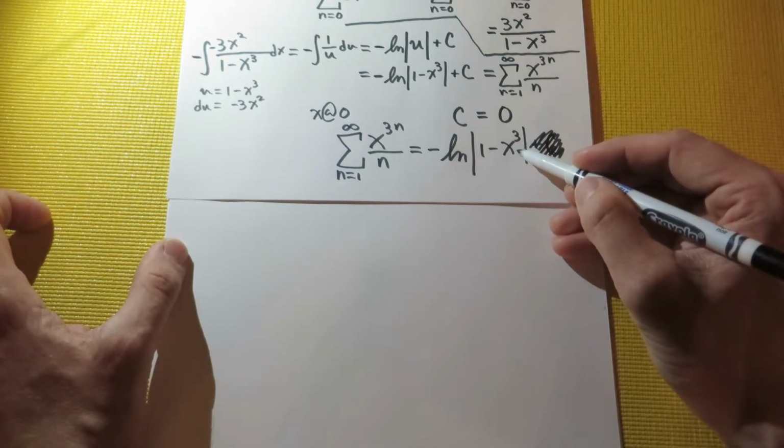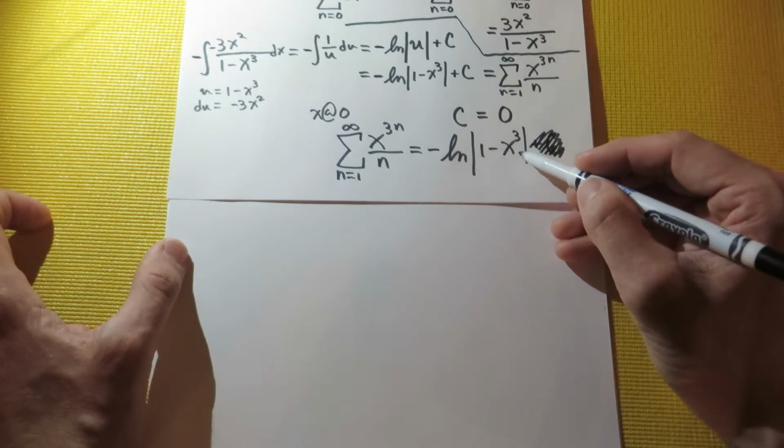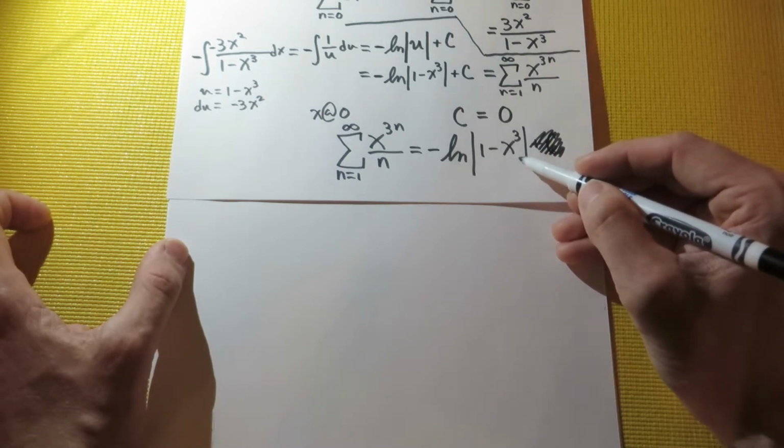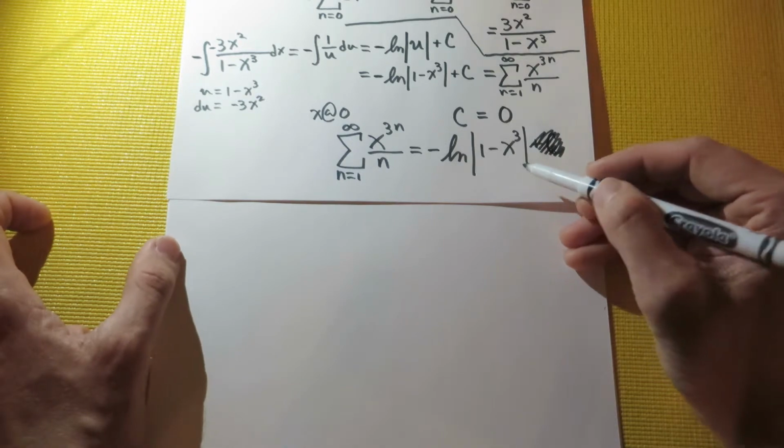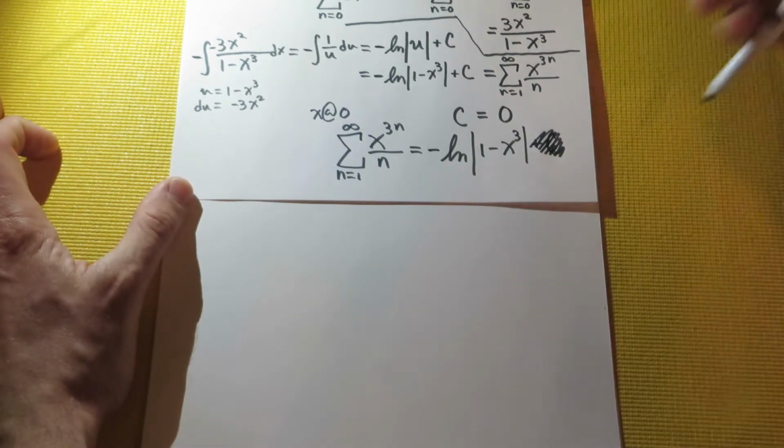Now the only thing that we haven't done here is we haven't established the radius or interval of convergence. And just for the heck of it, let's go ahead and do that.